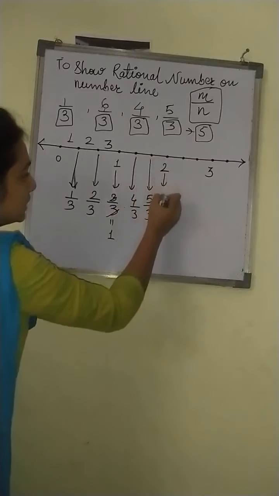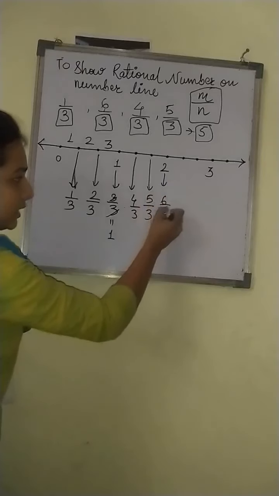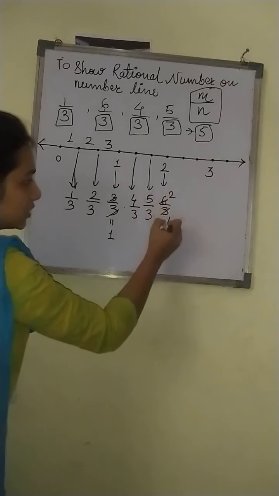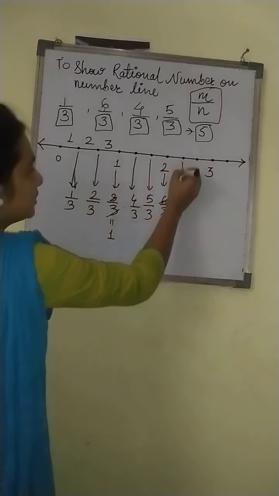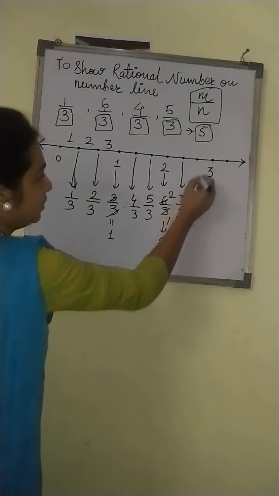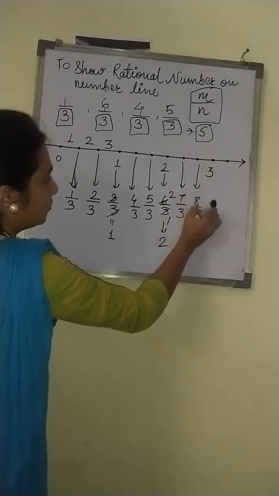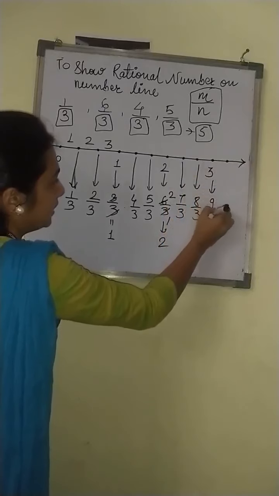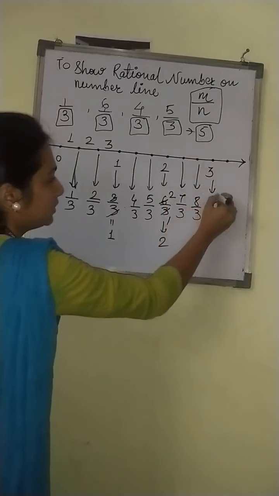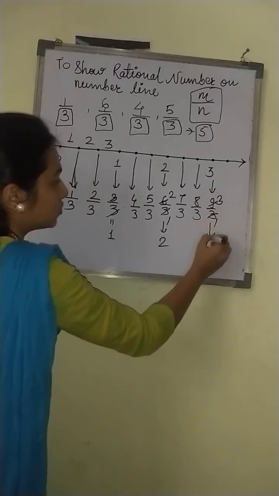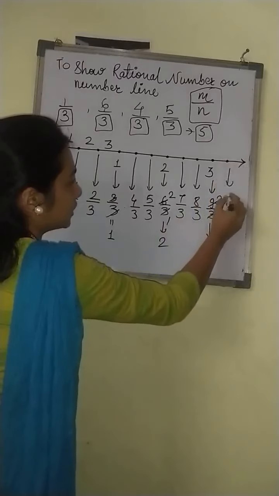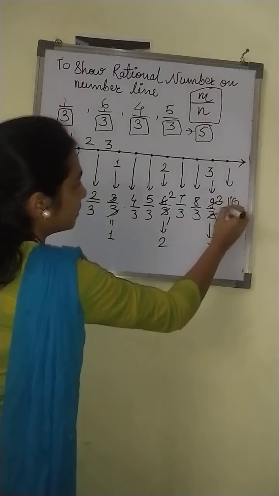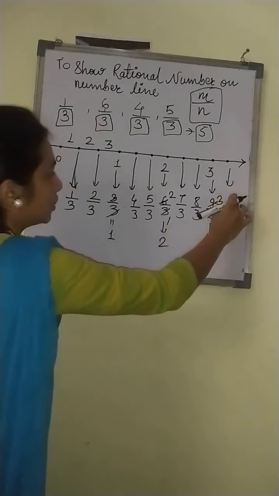This is 6 by 3, that is again 3 twos are 6, so the answer is 2. Getting it? This is 7 by 3, 8 by 3. This is 9 by 3, that is 3 threes are 9, so your answer is 3. And this is 10 by 3 and so on.